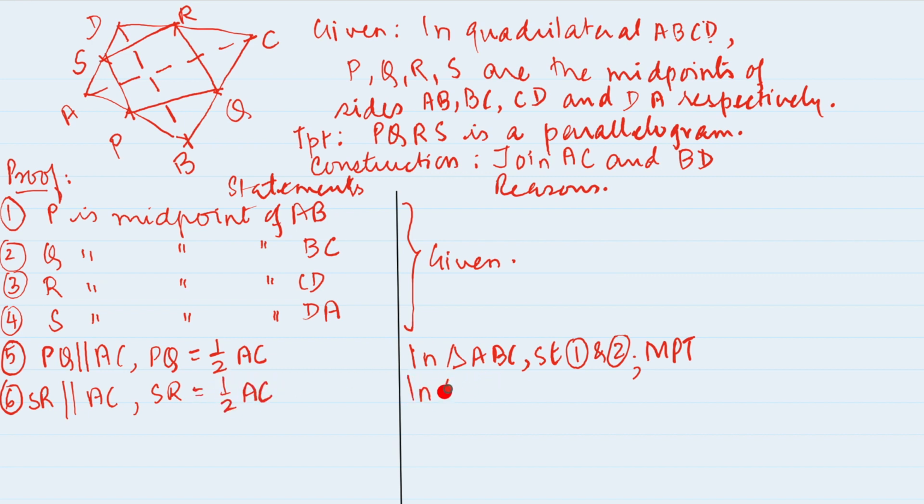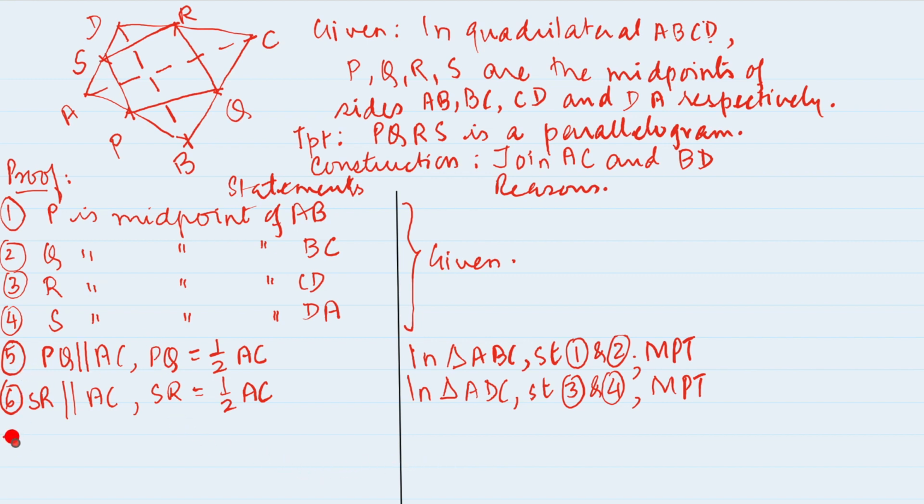This will be which triangle? Tell me. Triangle ADC, right? And from which statements? Statements 3 and 4, because those statements say that they are midpoints and we have used midpoint theorem, correct?